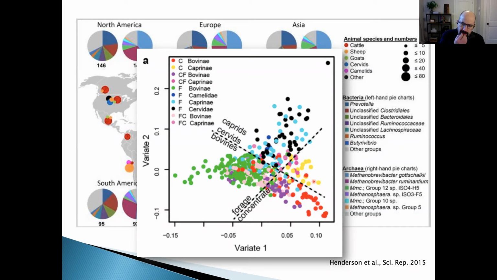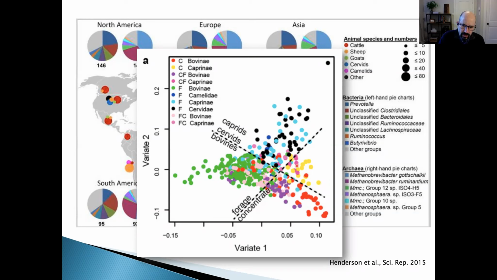And the data really shows that what drives the composition of the microbiota is the species. So here you have cervids and goats and caprines, and in this other half of this line here, you can see that it's the microbiota of bovine.